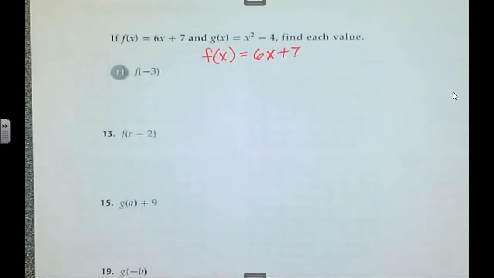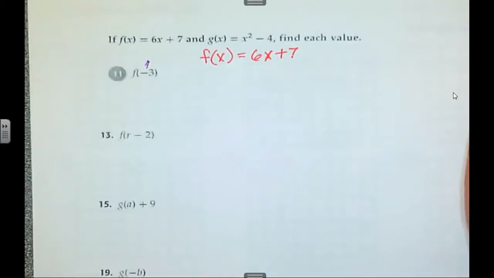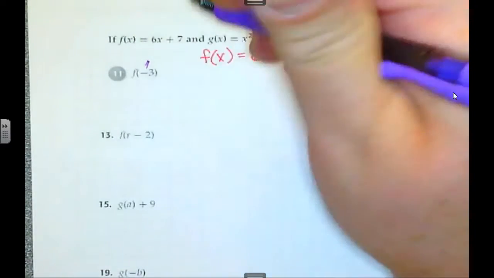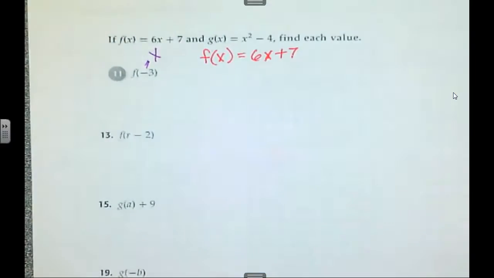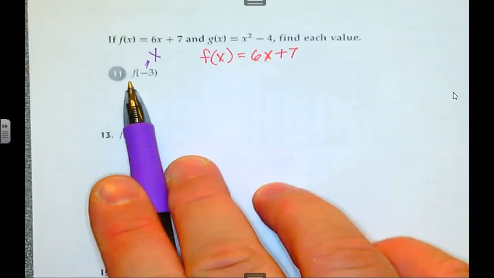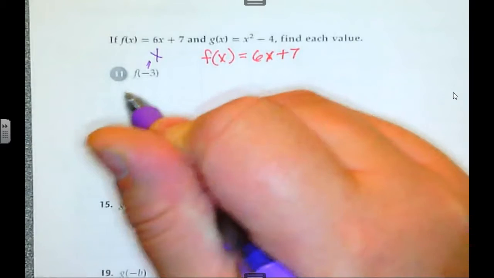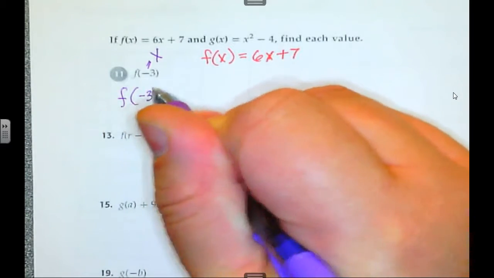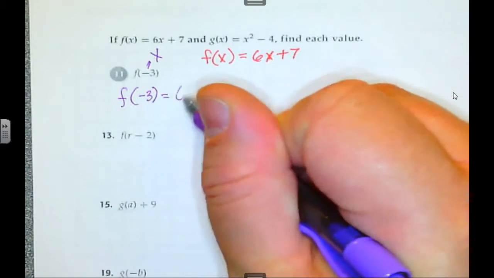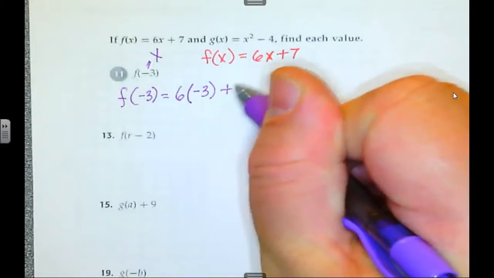Now remember, this function notation is just telling me your x value is -3. So wherever you see an x, you plug in -3. So I have the f of -3 equals 6 times -3 plus 7.